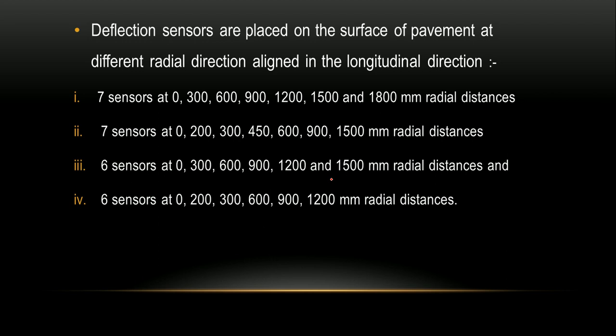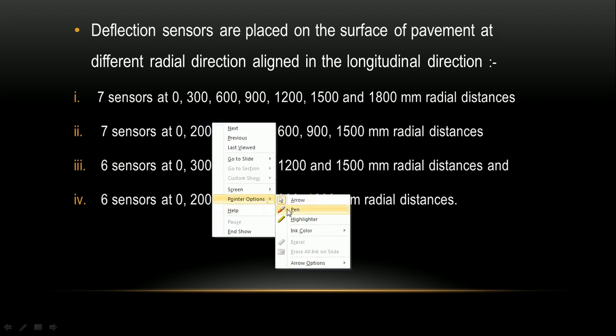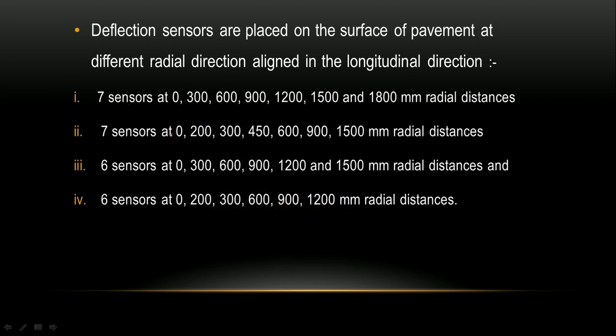As we are talking about the geophones, at what distance do we have to place the geophones or sensors? The deflection sensors are placed on the surface of the pavement at different radial distances along the longitudinal direction. If we are using 7 sensors, then we can fix the sensors at these intervals: 0, 300, 600, 900, 1200, 1500 and 1800.